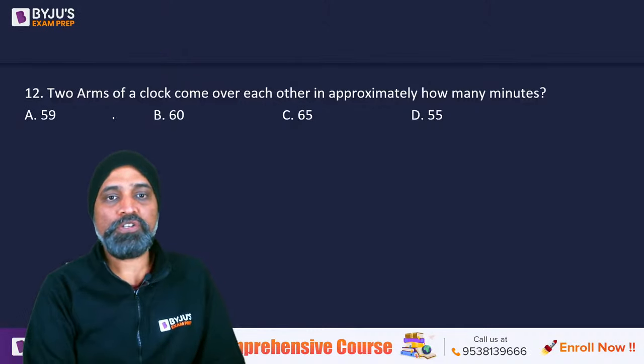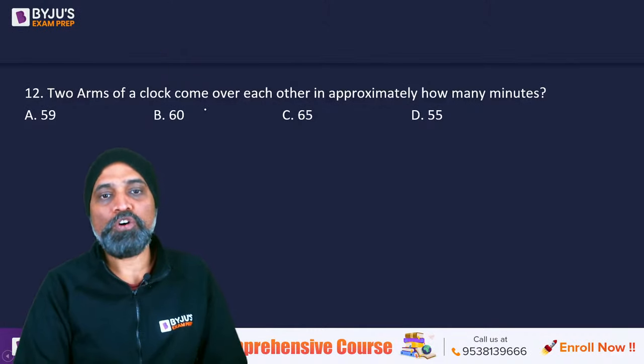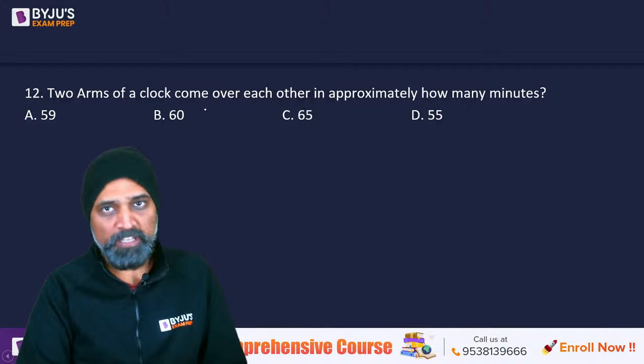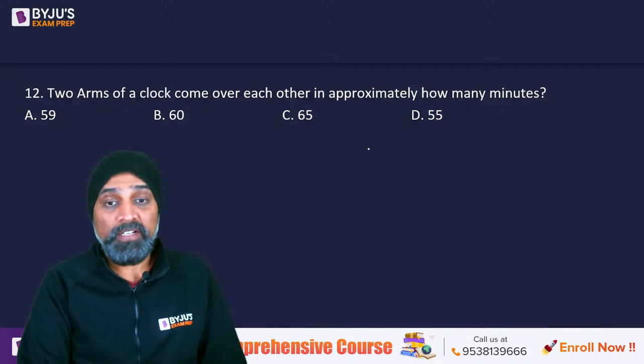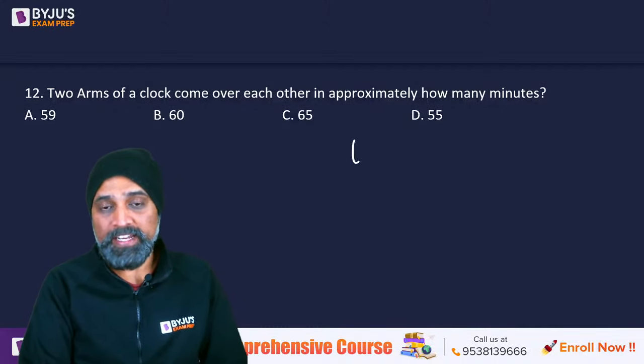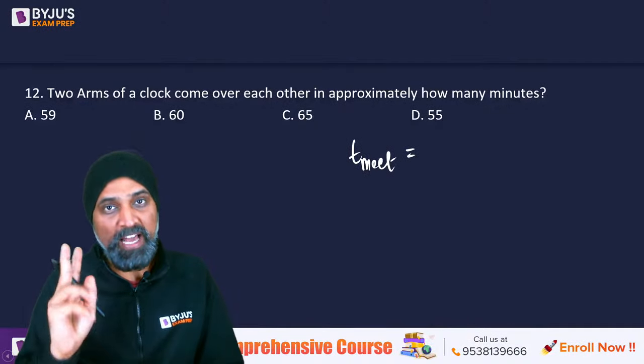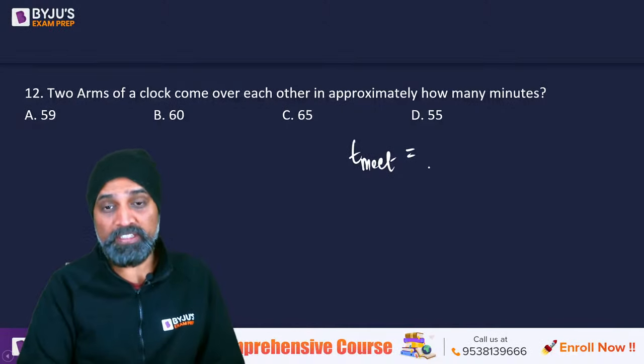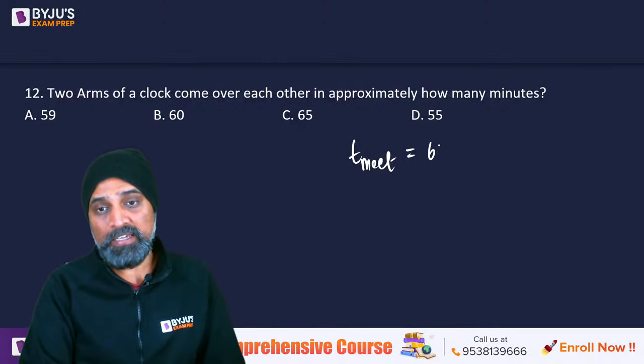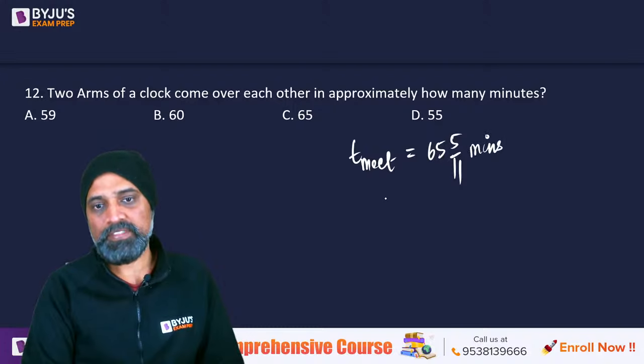Next, two arms of a clock come over each other in approximately how many minutes? Now, this is a standard time that everybody must be aware of, that the hour and minute hand of a clock meet after every 65 5/11 minutes. ये याद रखने वाला.